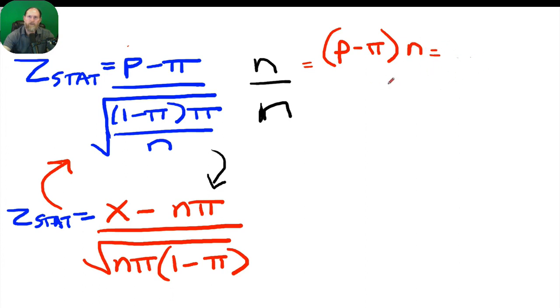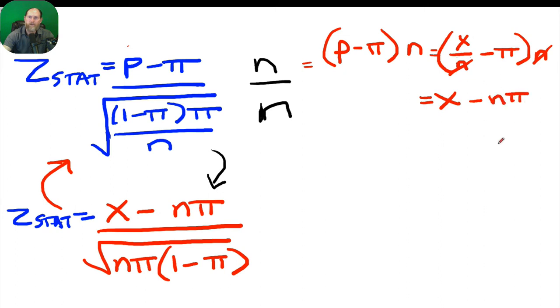That is also equal to x over n minus p-pop, times n, because sample proportion p is equal to x over n. Now, once we take that n inside the parentheses, those n's cancel out. So we have x, and then we have sample size times p-pop, which is what we have down here. So that's how we get the numerator.